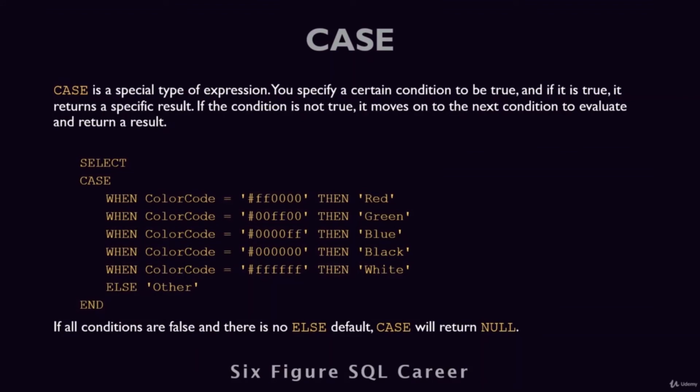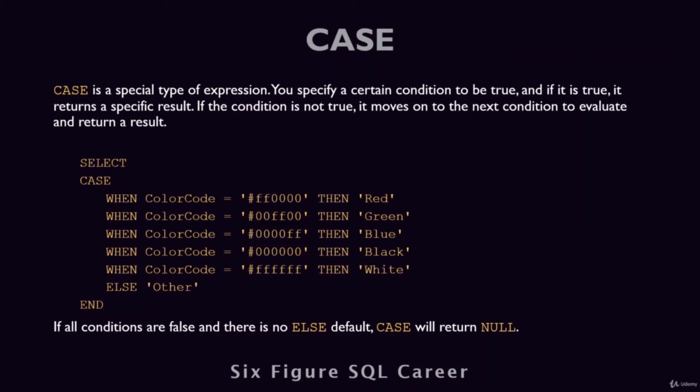Case is a special type of expression. You specify a certain condition to be true, and if it is true, it returns a result. If it is not true, it moves on to the next condition to evaluate and returns a result, and so on until it exhausts all the cases. So in my example below, I have a case expression where I'm evaluating a column called color code.